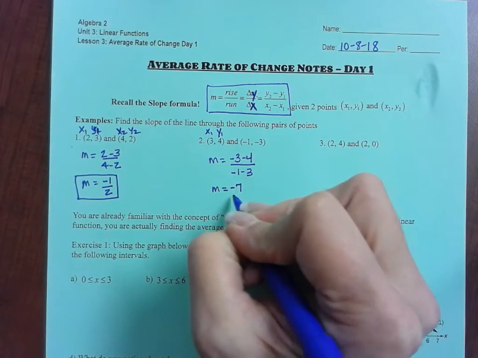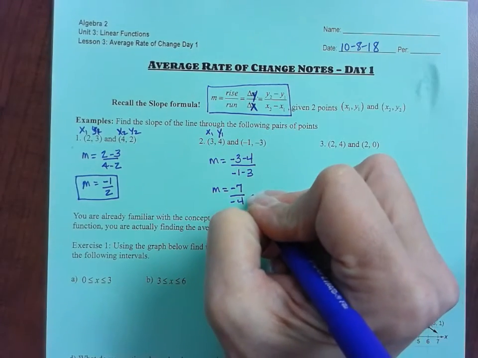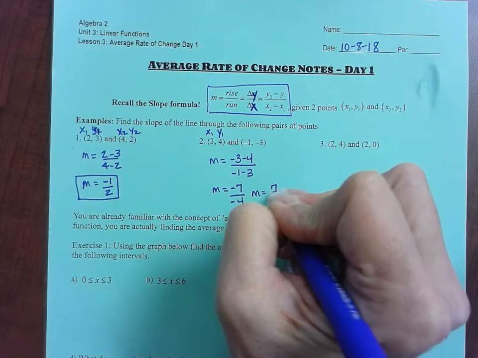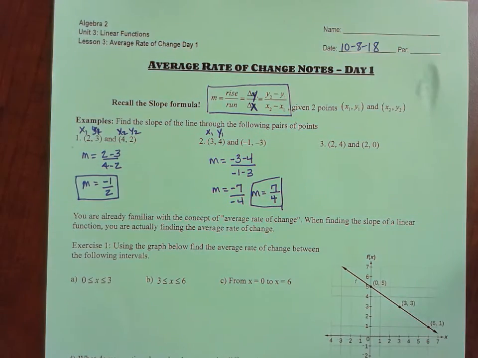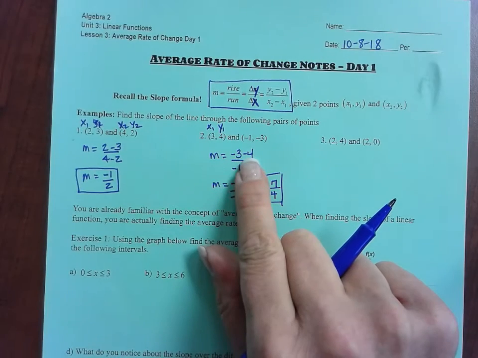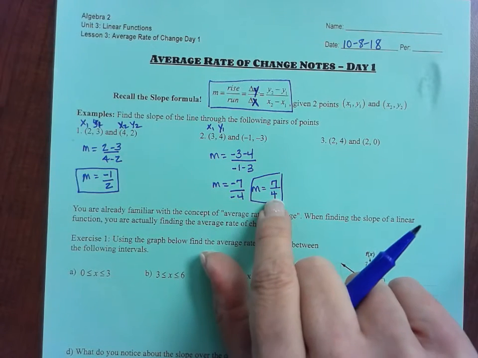Negative 1 minus 3 is negative 4. So my slope is going to be a positive 7/4. Why is it right? It's the two negatives make it positive.